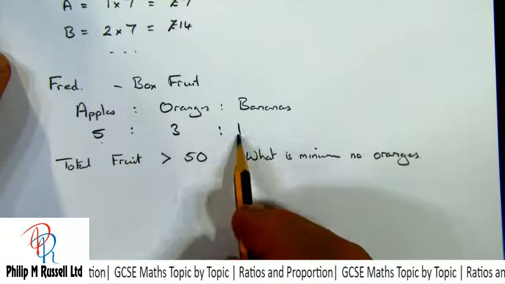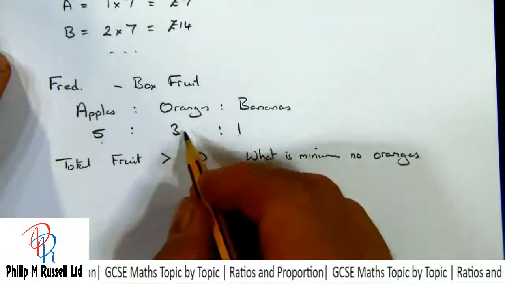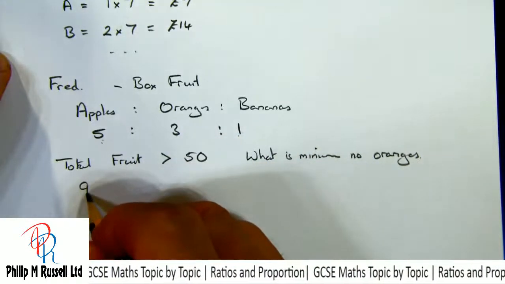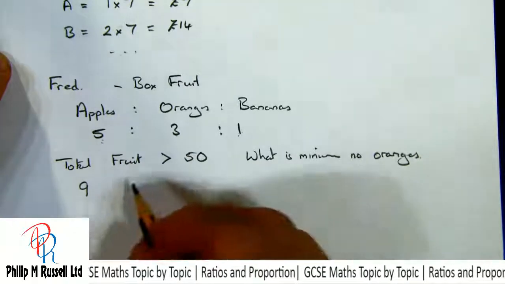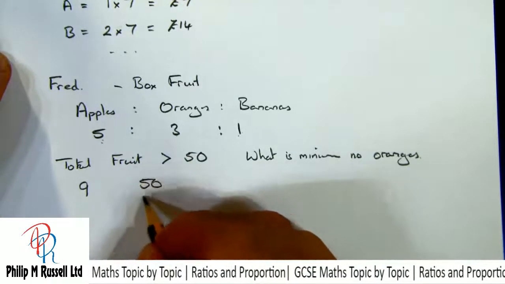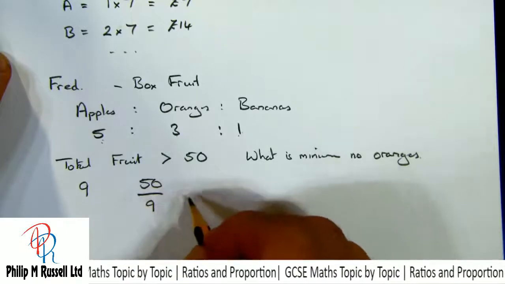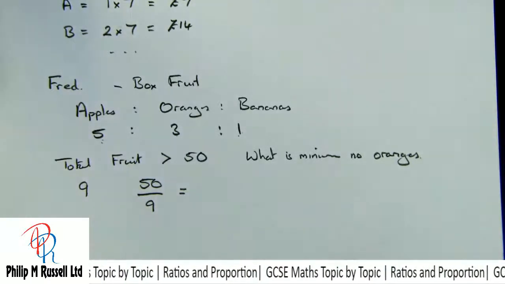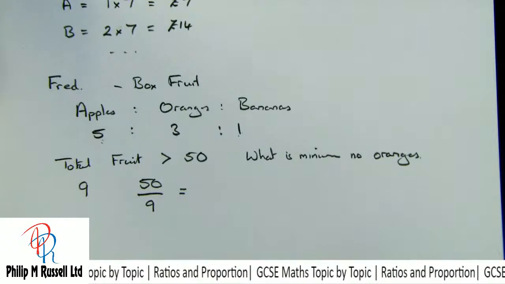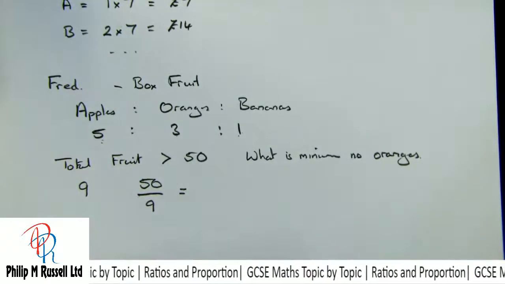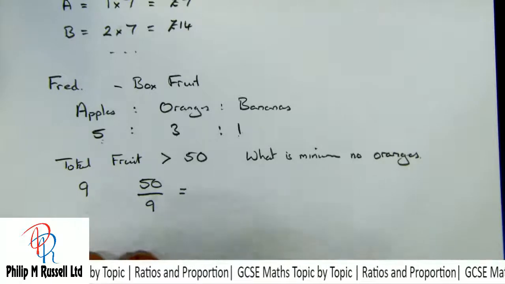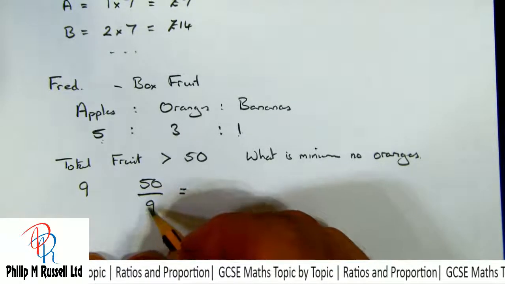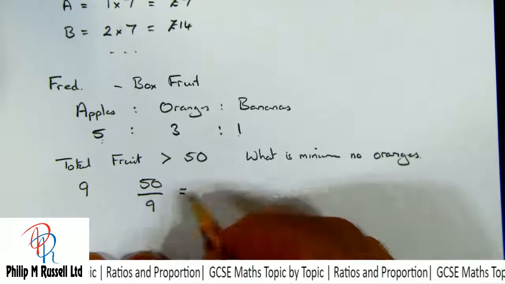Five to 3 to 1. Let's add them up. 5 and 3, 8, and 1 is 9. So we've got 9 items. So we've got 50 divided by 9. And of course, that's not going to go. So what's going to be the smallest number above 50 that 9's going to go into?